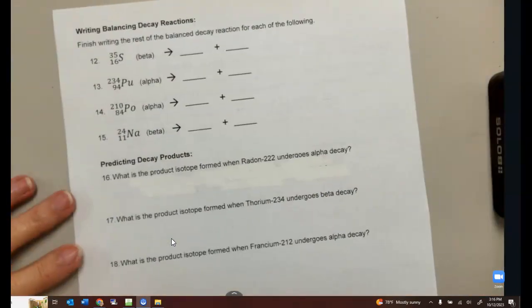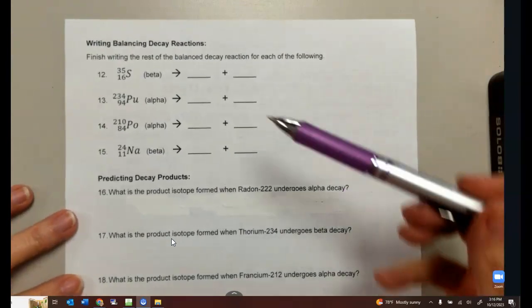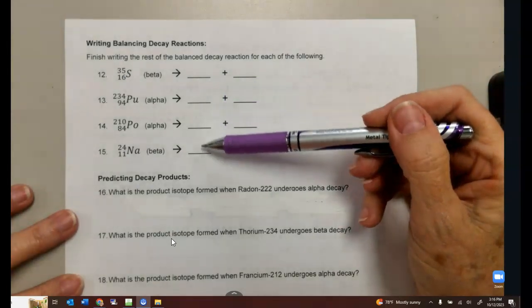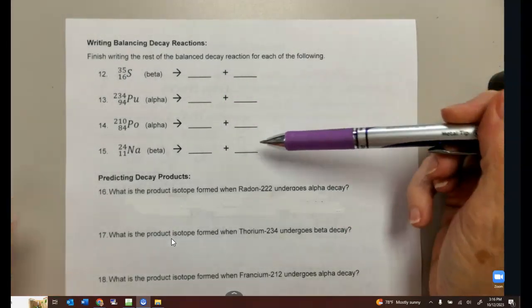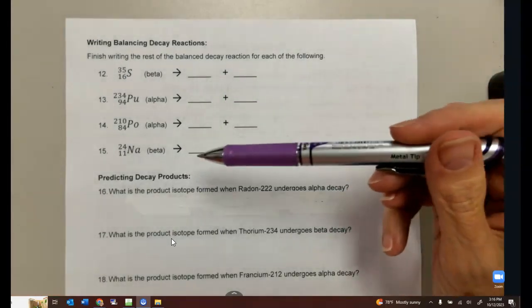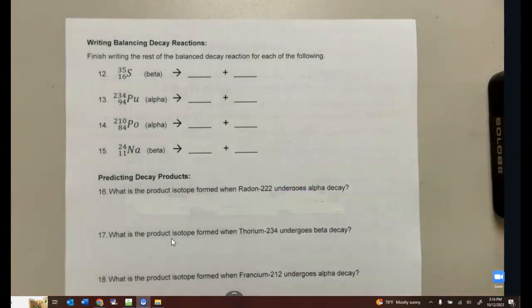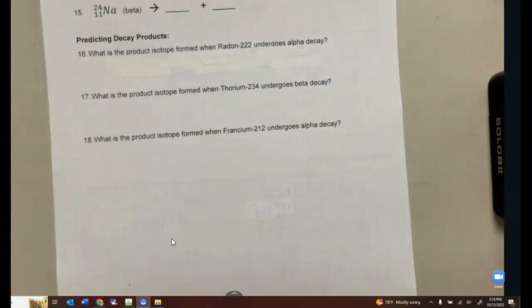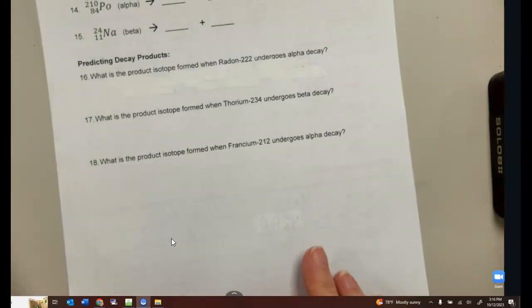When we flip this over, we see that we're going to have to finish all the products. So you're going to put the products for alpha and beta and then finish it off just like I taught you just now. I'm going to do one of these word problems with you. What is the product isotope formed when radon 222 undergoes alpha decay? So we've got radon.